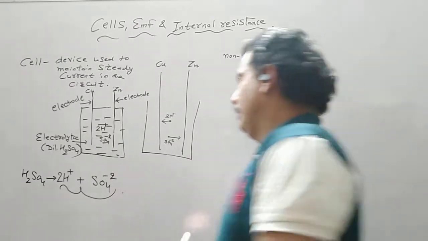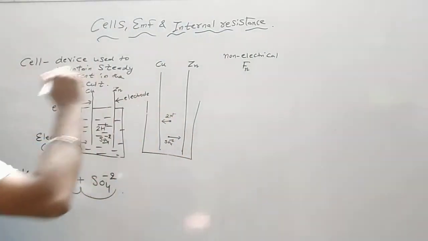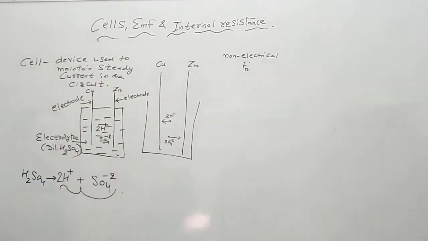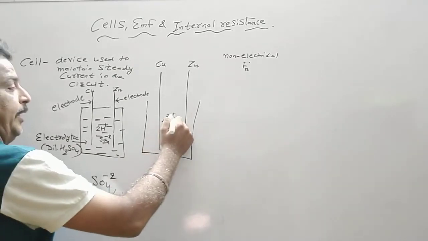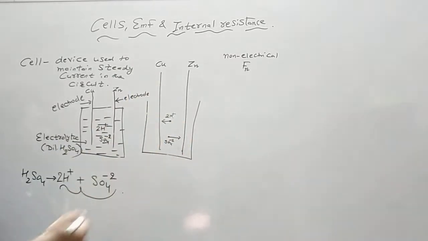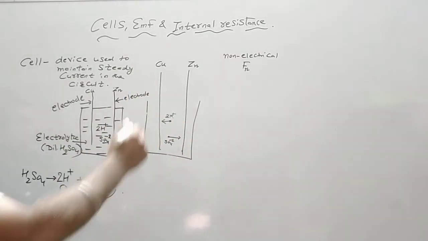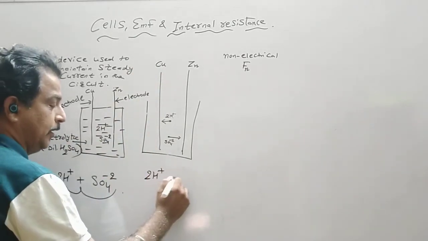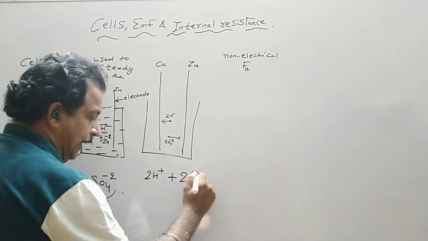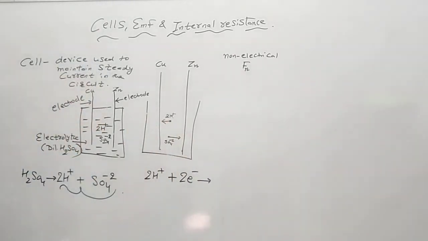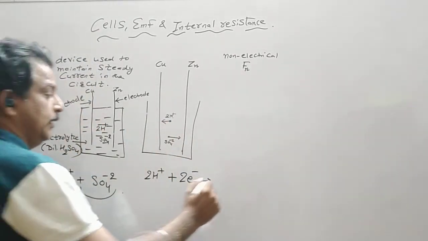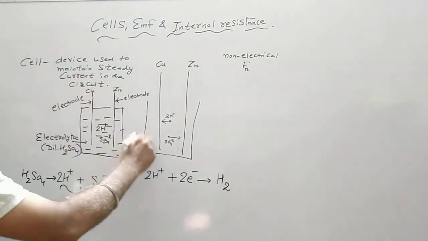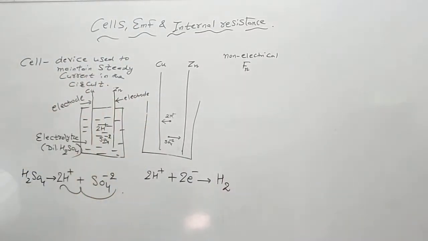Now this 2H plus ion, when it reaches the copper electrode, gains 2 electrons, or we say copper loses 2 electrons. So 2H plus ions take 2 electrons from the copper electrode, and H2 gas is formed inside this cell.